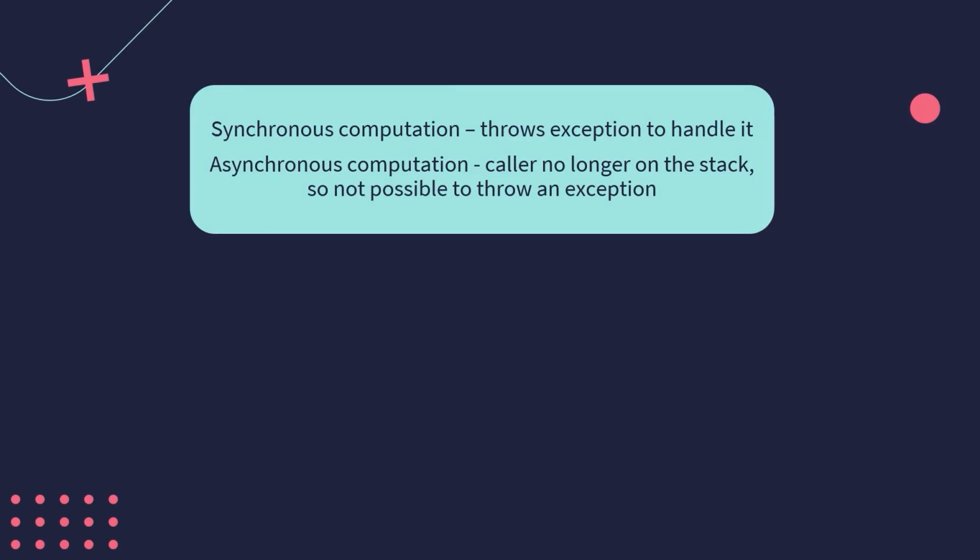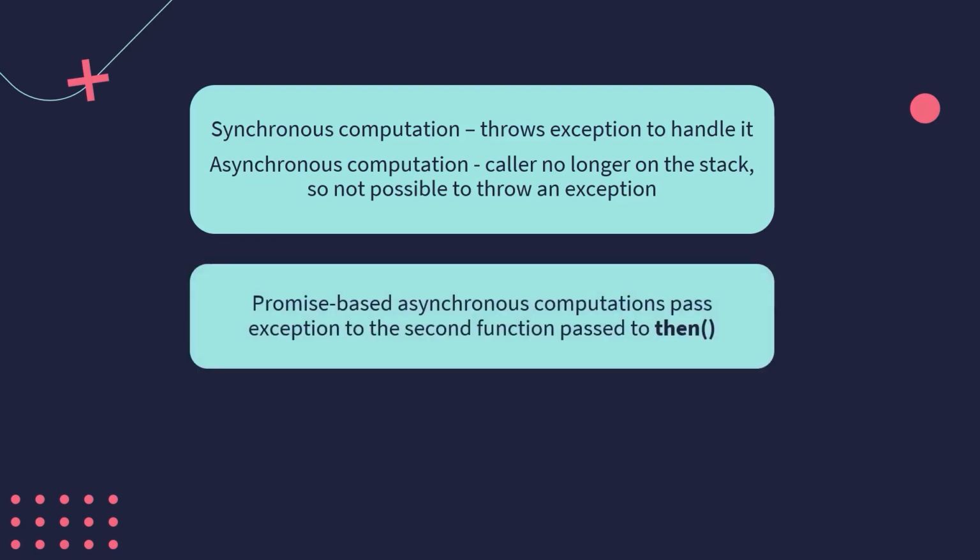When an asynchronous computation runs, its caller is no longer on the stack, so if something does go wrong, it is simply not possible to throw an exception back to the caller. Instead, promise-based asynchronous computations pass the exception, typically as an error object of some kind, though this is not required, to the second function passed to then.